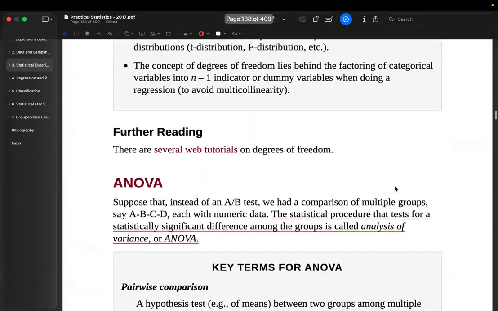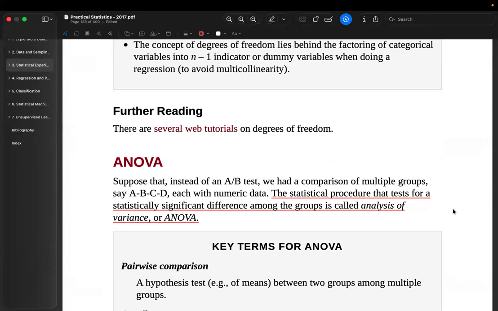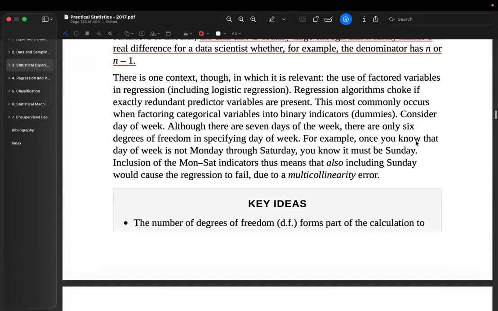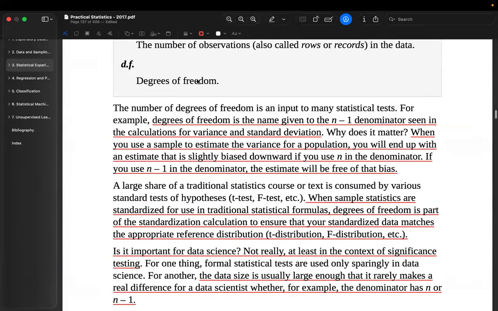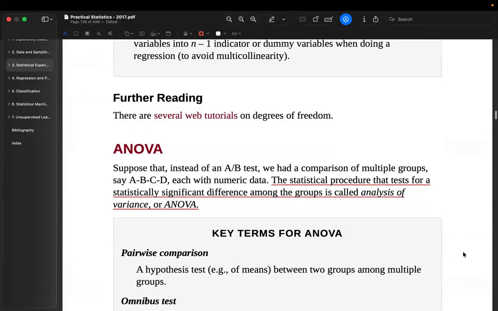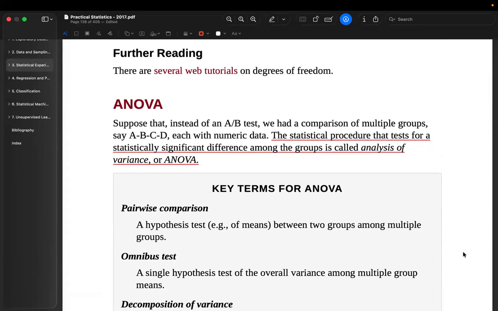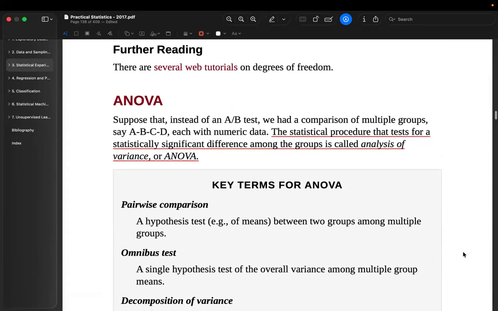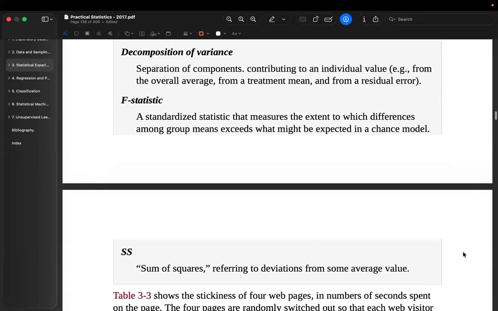Why do we even need to bother to know about degrees of freedom? Because that's what we're going to use to figure out the p-value from the graph in ANOVA.